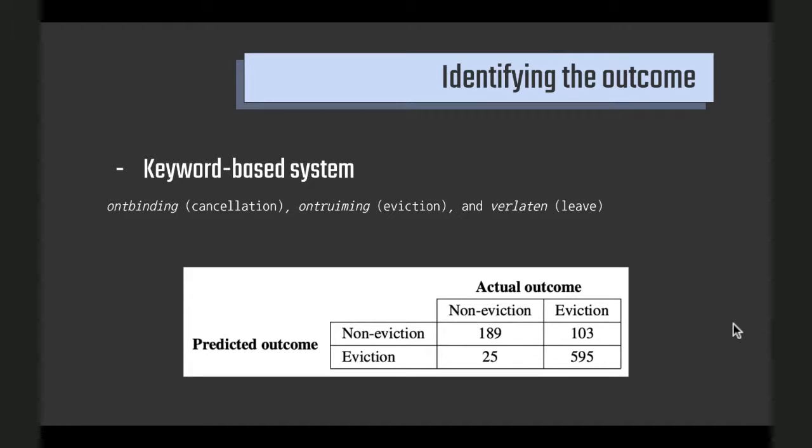And as you can see, it also predicted a lot of things as eviction when it shouldn't have been. So basically, 103 cases that were non-eviction were predicted as eviction. So a bit better on the other label. But nonetheless, it wasn't really an ideal system.